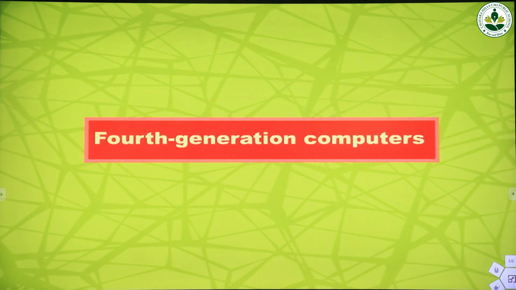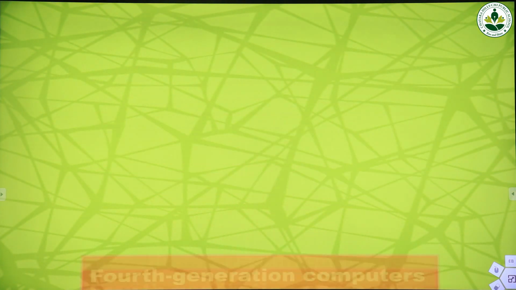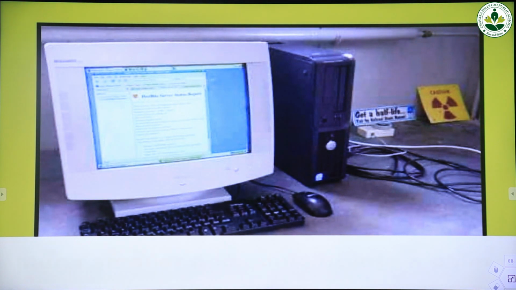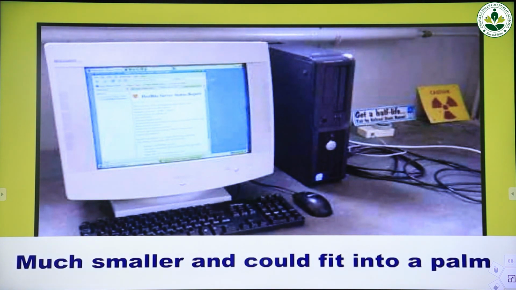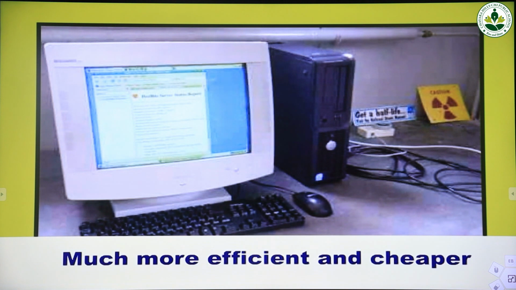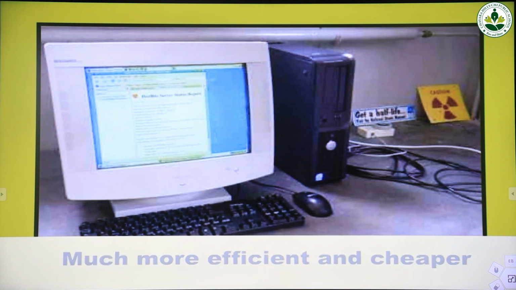The fourth generation computers have features like: A. They use microprocessors. B. They are much smaller than computers of earlier generations and could fit into a palm. C. They are much more efficient and cheaper than the computers of earlier generations.